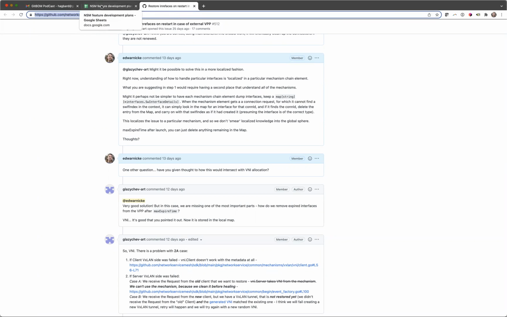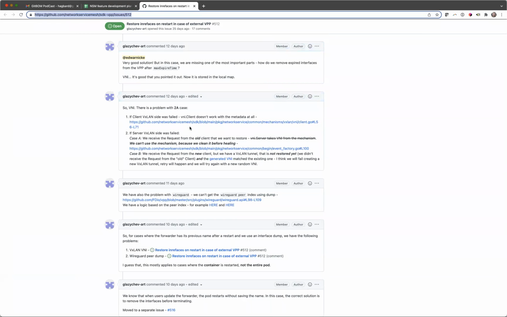The first one is related to VXLAN VNI dumping. As I remember, you have raised this problem. I suggested there was at least something here where there might be a problem. I didn't get far enough just to know there was a problem, but I presume you've gone through and identified there is actually a problem.